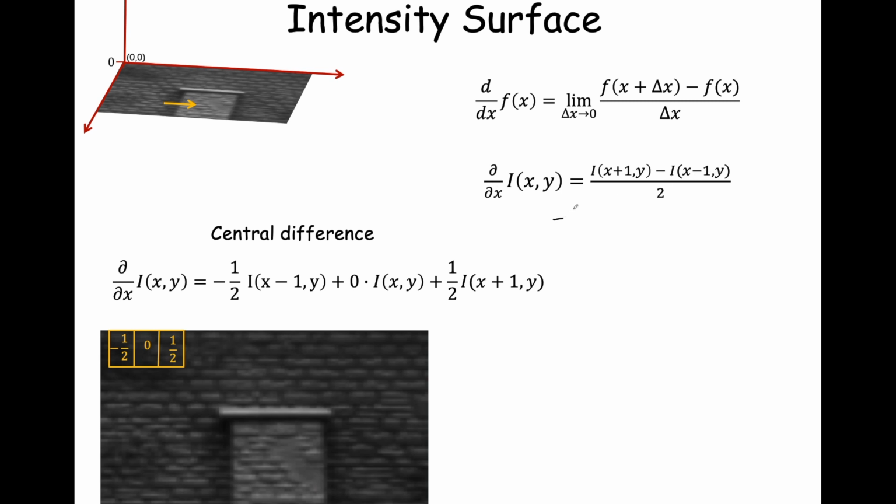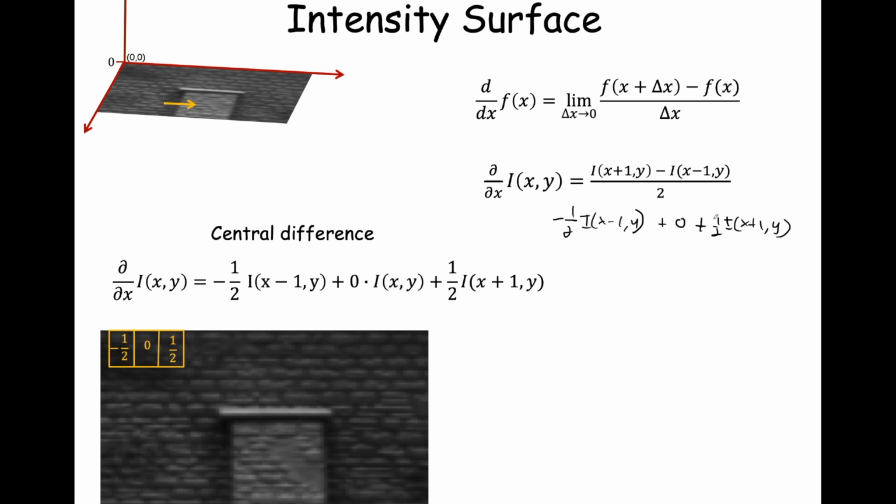So minus 1/2 of I of x minus 1 comma y. That's this term. We have 0 plus 0 plus this term, 1/2 of I times x plus 1 comma y.